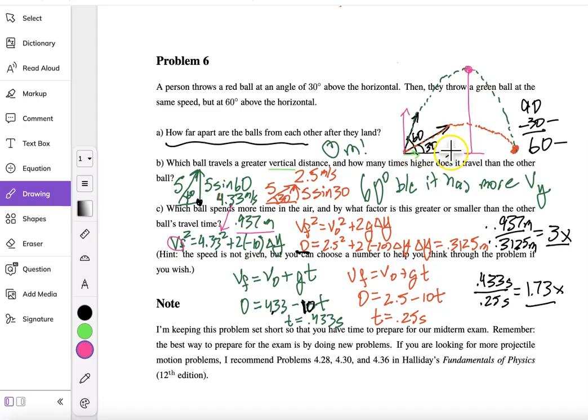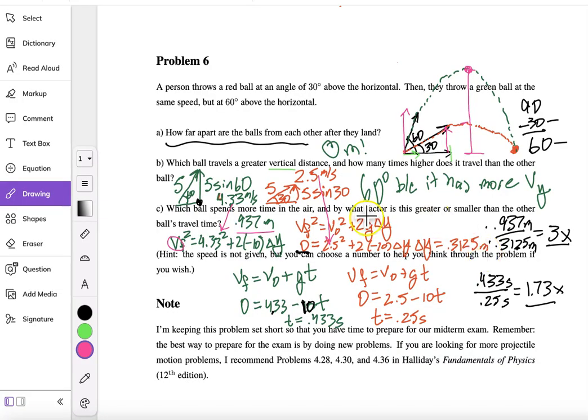Now we have to do the same thing for the 30 degrees. For the 30-degree red one, that vertical arrow is not as big as the one with 60, so we know it's not going to go as high. We're going to use that same equation. We do 5 times the sine of 30 and get 2.5. Plug that in down here and solve for the height, and we see that the height this one gets to is only 0.3125.